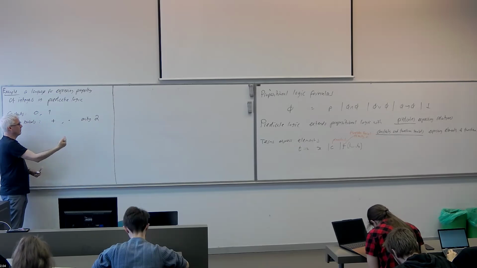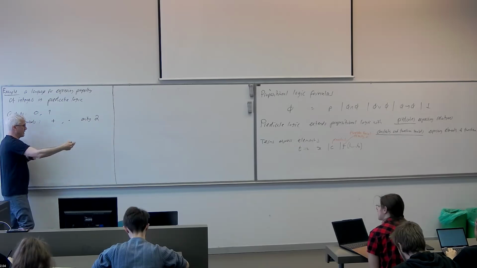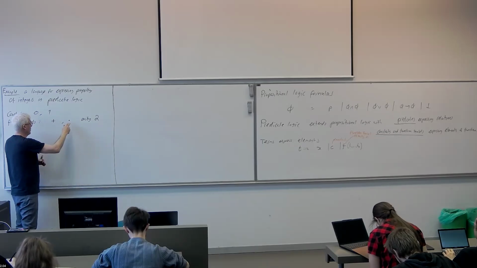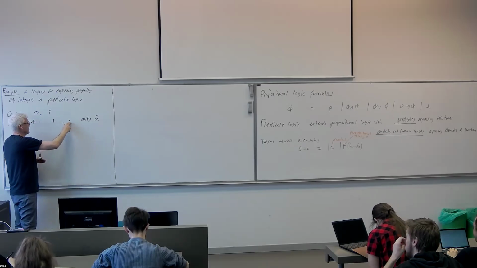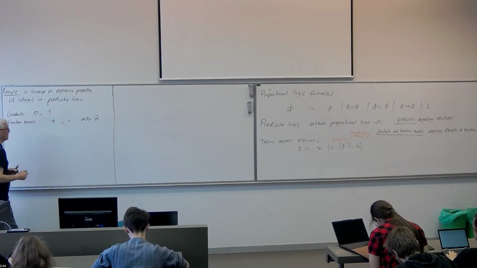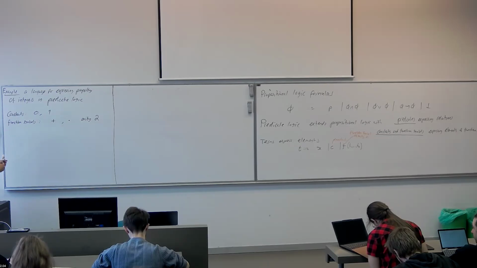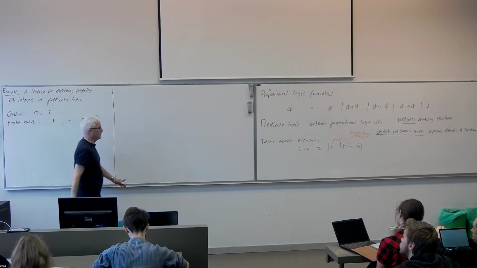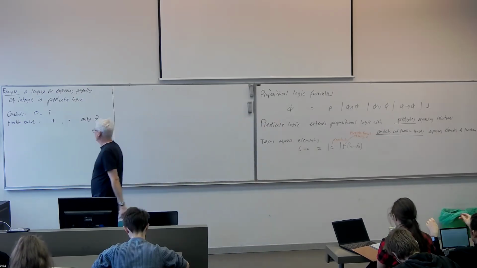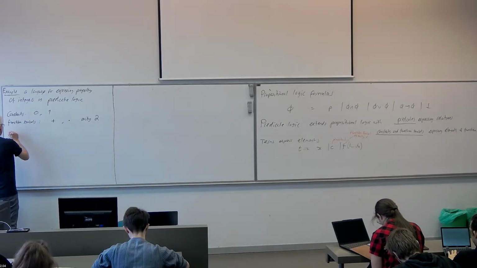And similarly, we've got finite multiplication, because you can iterate a binary operation to make an n-ary operation. If it's associative, it doesn't matter which way you do it. And again, one is the zero-ary multiplication. And then terms, so we can build up terms. Terms would be things like the variable z.